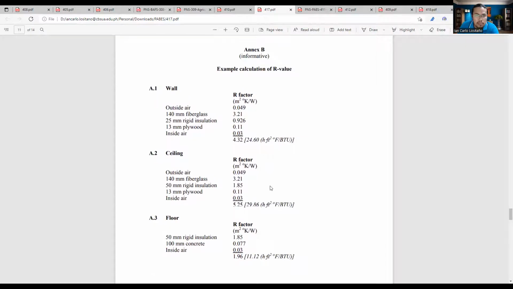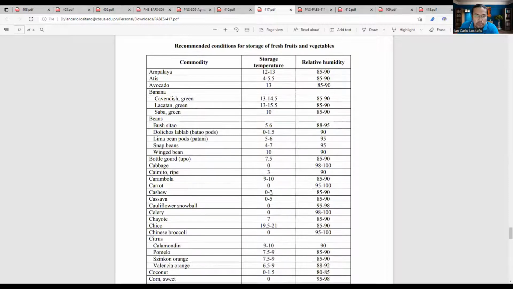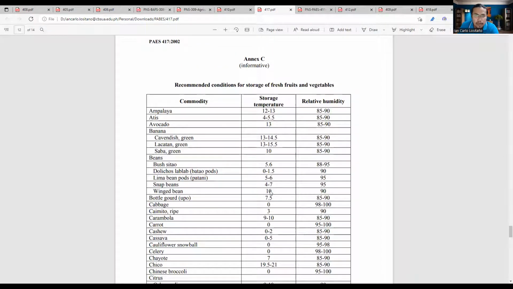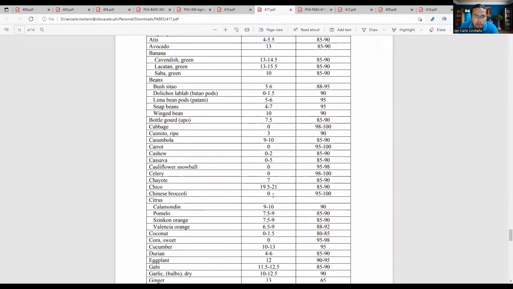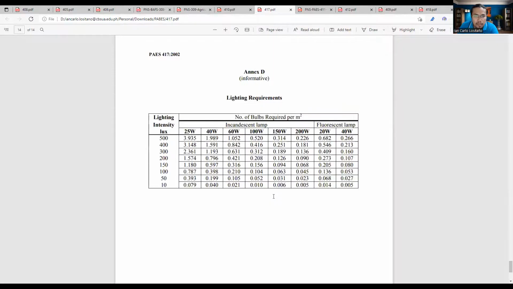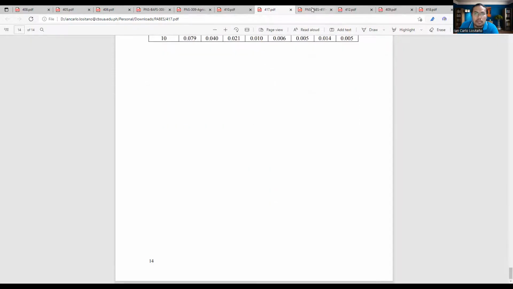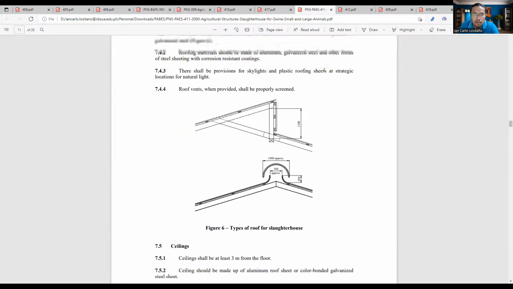There are annexes showing the computations, and here are the storage conditions of the different products that could be processed in a fruit and vegetable facility, and the lighting intensity. Next we have the processing, right?